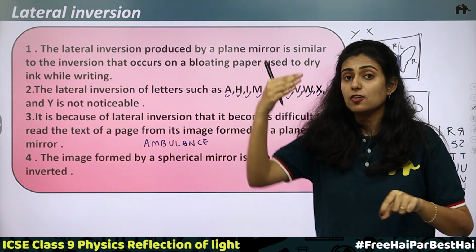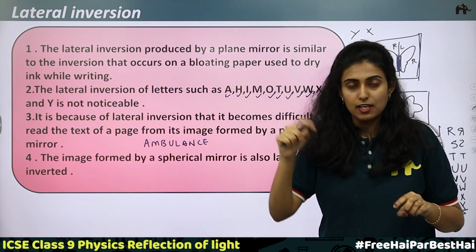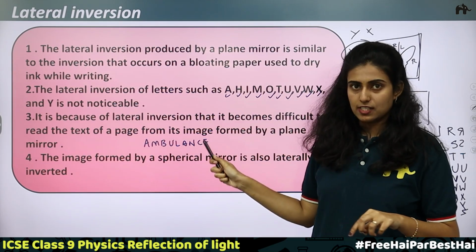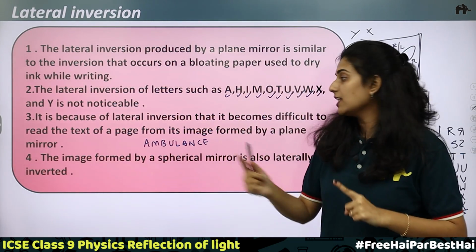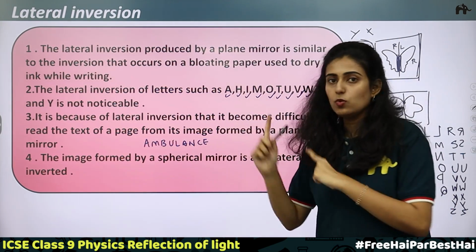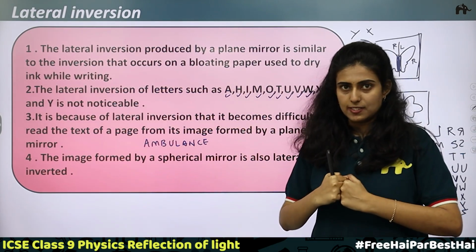Because there is a mirror in front of him, he will be checking the rear view mirrors. So, when checking, he should be able to read ambulance. For that, on the board, it should be written in such a way that he is able to read ambulance properly. So the laterally inverted image is how it is written on the board of an ambulance.